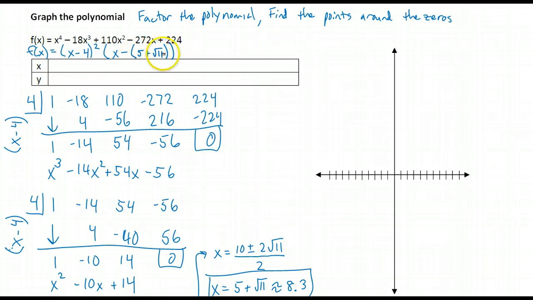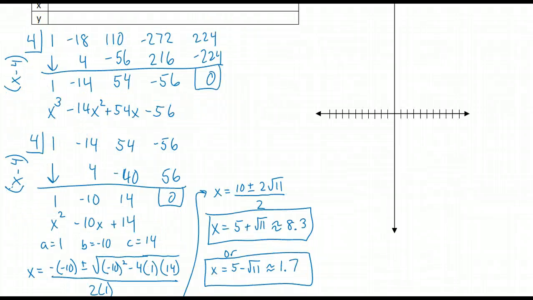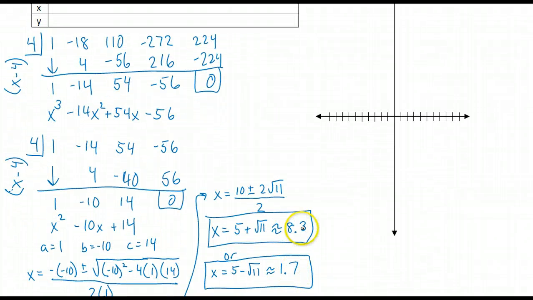Notice how 5 plus the square root of 11 has to be in parentheses inside of these parentheses, because I'm subtracting this whole 0. And my last factor is going to be x minus 5 minus the square root of 11. My zeros are going to be at 4 and 4 and 1.7 and 8.3.